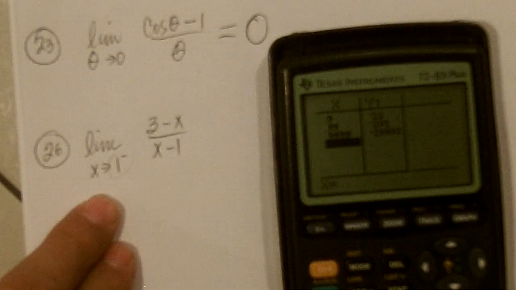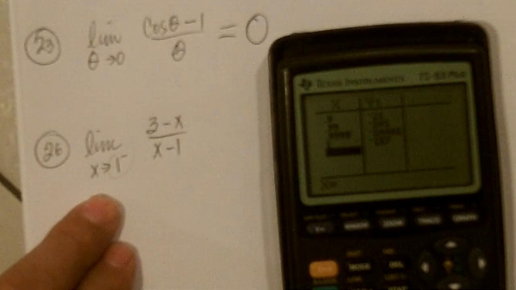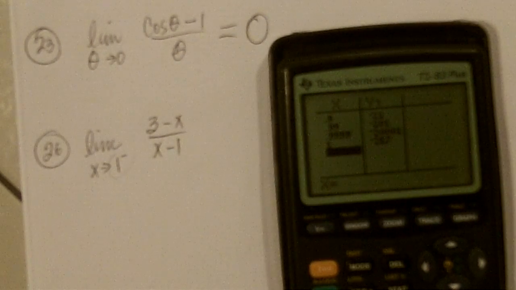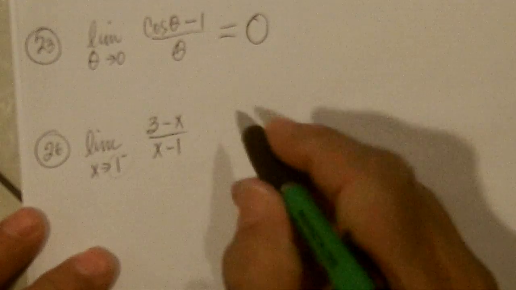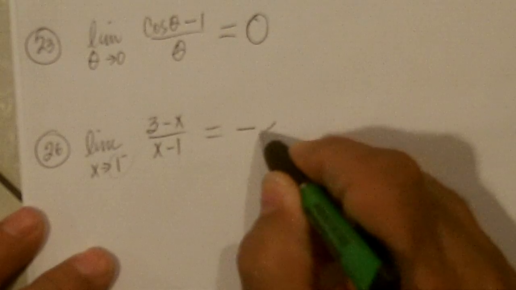And if I keep getting closer, 0.999999, it says negative 2 times 10 to the 7th, which is negative 20 million. Where does this seem like it's headed? Well, it looks like it's headed to negative infinity.